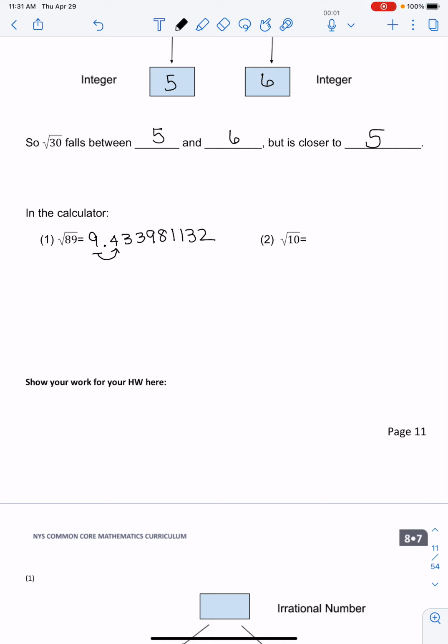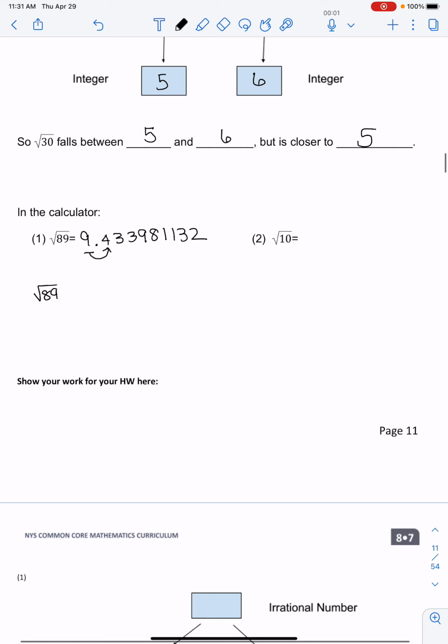This is 4 or lower, so it's actually closer to 9. So the square root of 89 is going to be closer to 9.